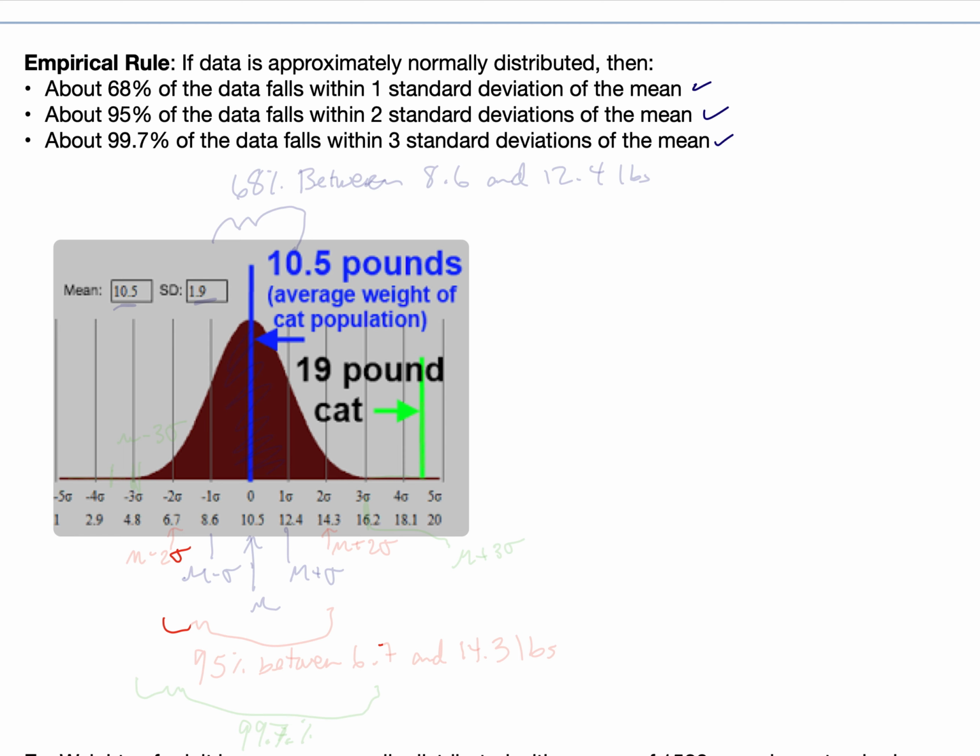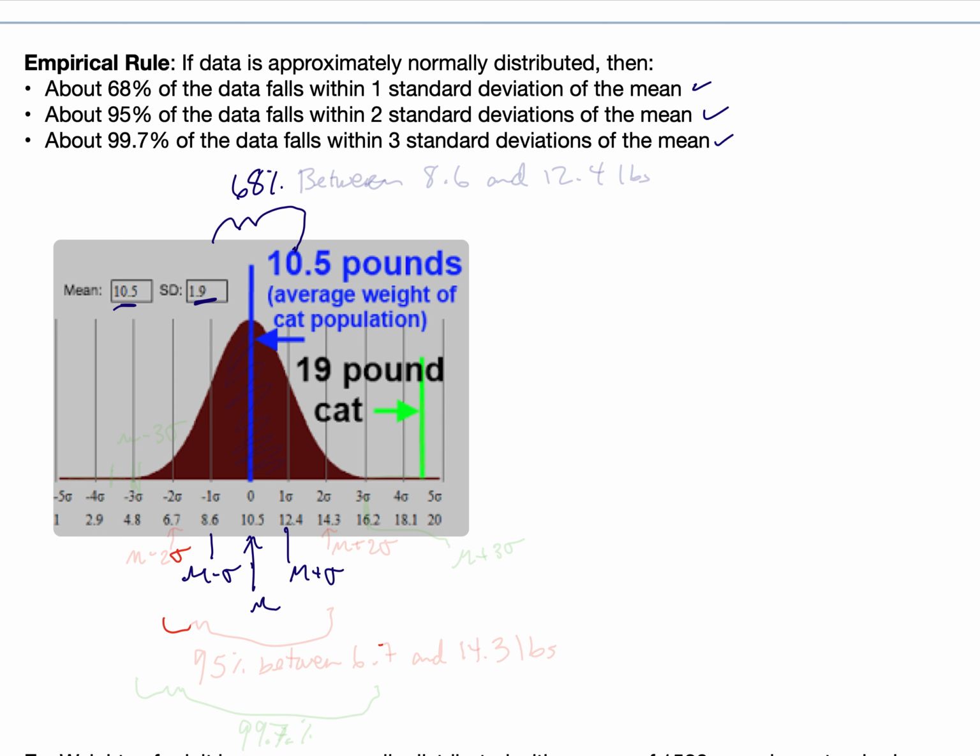So let's look back at that graph of weights of adult cats. Our mean mu was 10.5, and our standard deviation is 1.9. If we add one standard deviation, or subtract one standard deviation, about 68% of the data values should fall in that range.